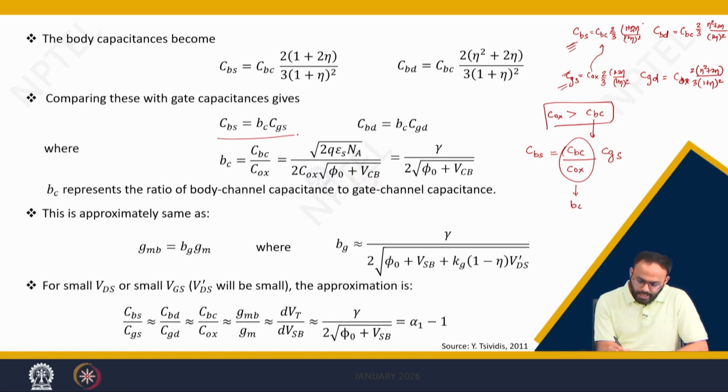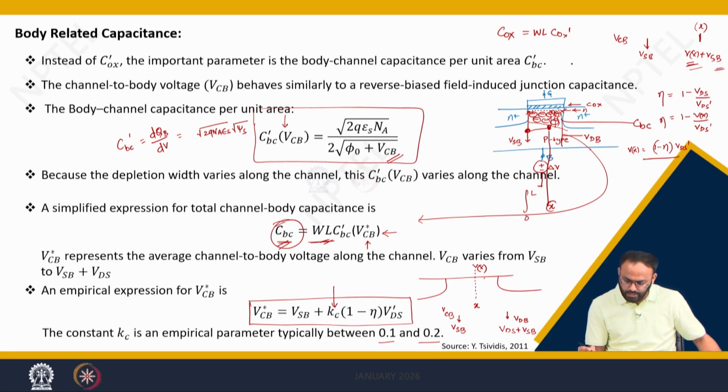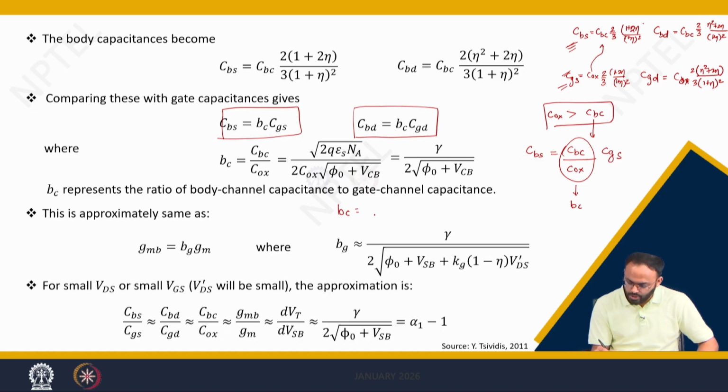So CBS can be written as BC into CGS and CBD can be written as BC into CGD. Now what is BC? CBC we have defined in the previous slide, divided by COX. So ultimately it will be 2 into Q into Na into epsilon S divided by 2 times COX into square root of phi naught plus VSB.